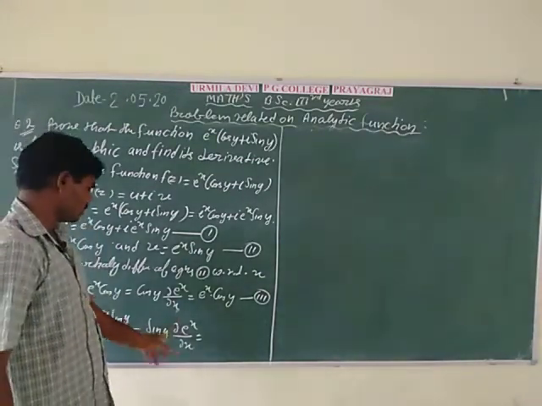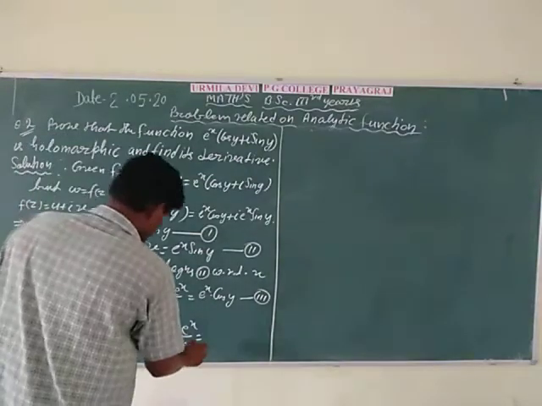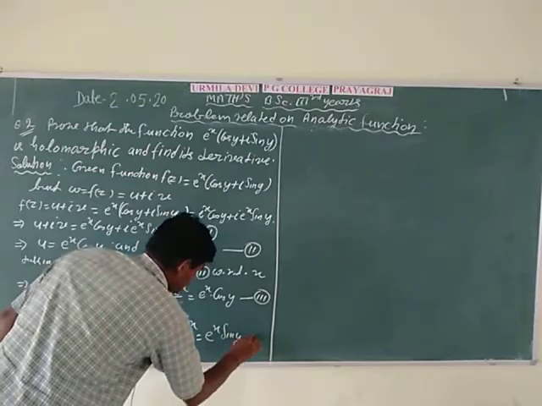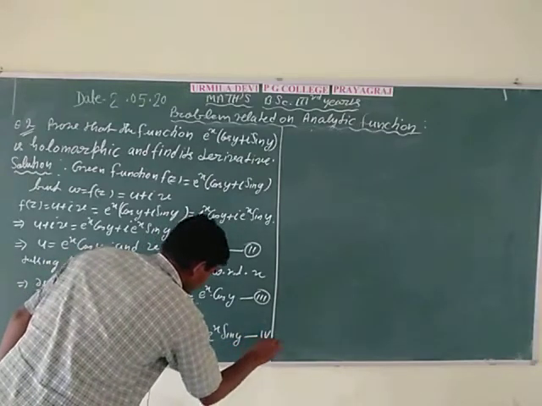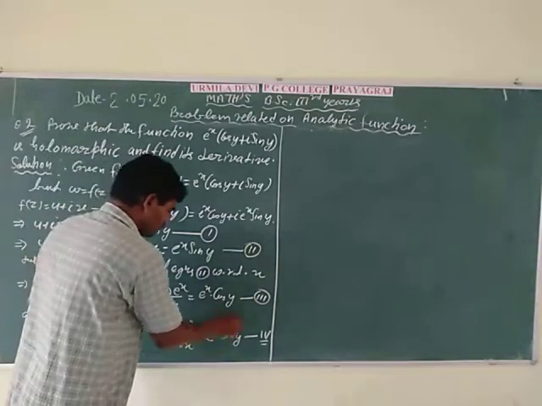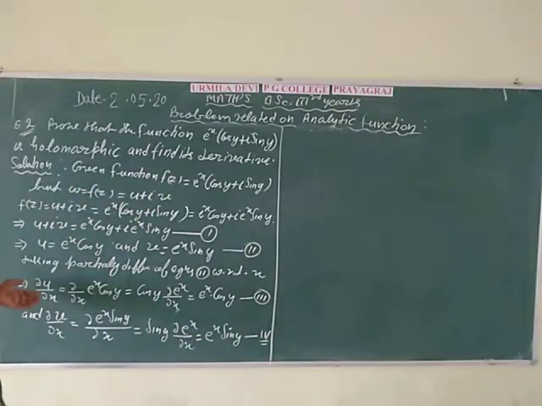So putting this value of differentiation, it is written in the form e to power x sin y, represented by equation 4th. So in equation 4th, partial differentiation of the imaginary value small v with respect to x is equal to e to power x sin y. So del u by del x in equation 3rd and del v by del x in equation 4th is complete.